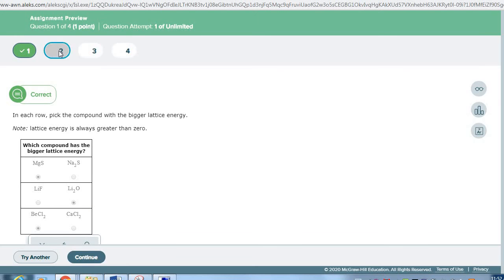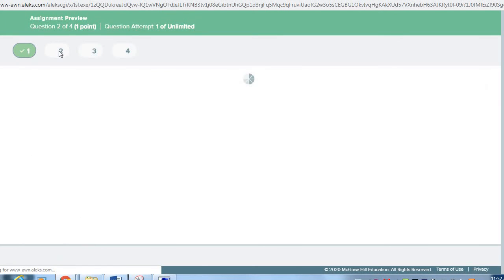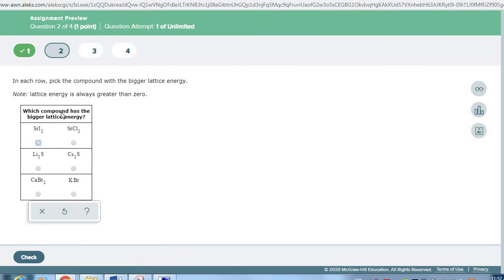Okay, let's quickly look at a couple more examples that'll help you here. Again, it's lattice energy. We have strontium iodide and strontium chloride. The strontium's a +2 in both molecules. The iodide is a -1 and the chloride is a -1. So those are the same in charge, so we have to look at the periodic table.